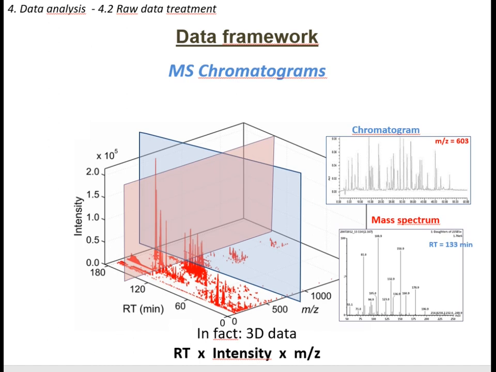If I take a perpendicular slice at a given retention time, what I see is the mass to charge ratio, which is a mass spectrum. So it's very important to understand how these two interact, and that they are part of the same data set. But these are 2 representations: a chromatogram for a given mass, or a sum of different masses, and a mass spectrum, the different masses at a given retention time.